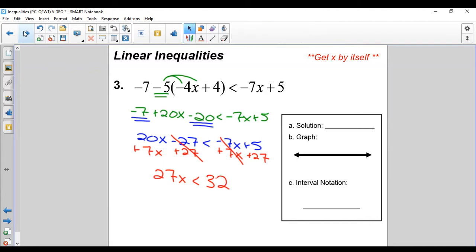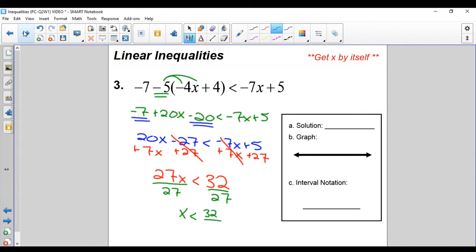Fractions are just fine. You're dividing by a positive. So we're okay. We get x is less than 32 over 27. Not a great fraction to deal with, but it works nonetheless. All right, so my answers are less than 32 over 27. That's my solution.